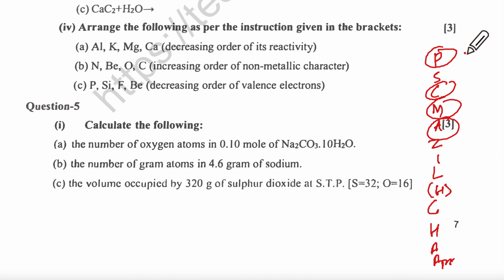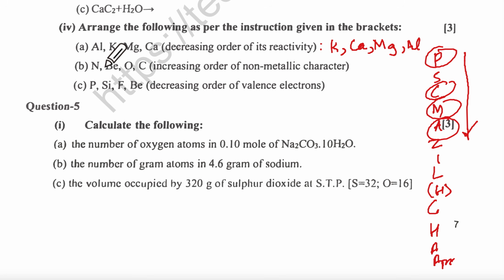Decreasing order means from highest to lowest. So what will it be, tell me. K, then Ca, then Mg, then Al. Correct? Yes, ma'am.